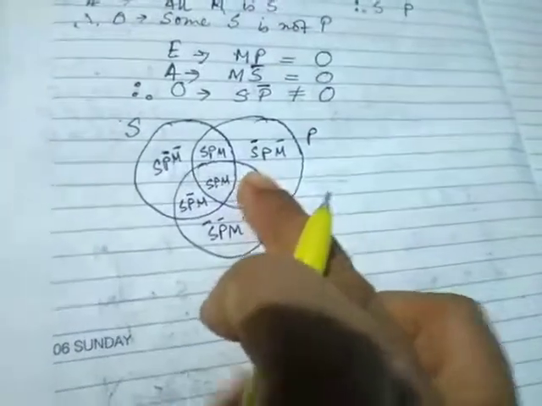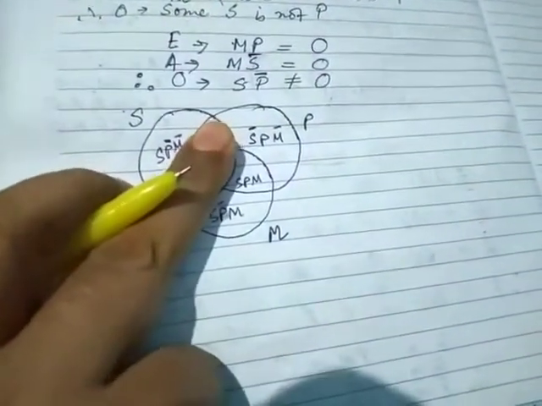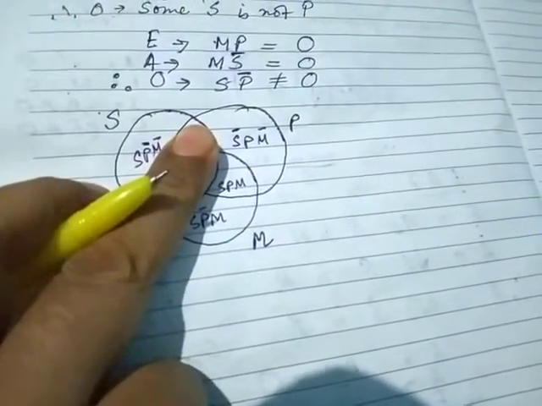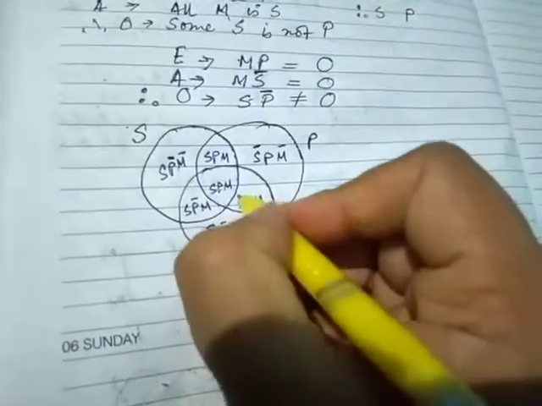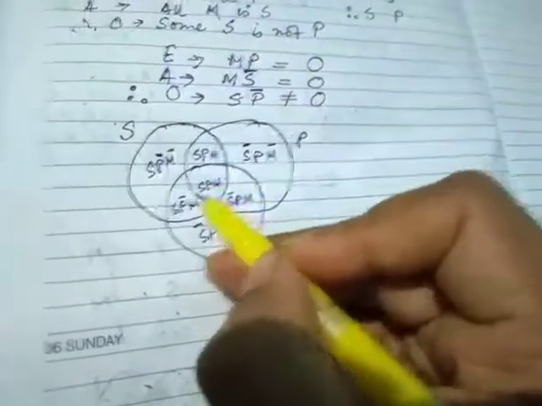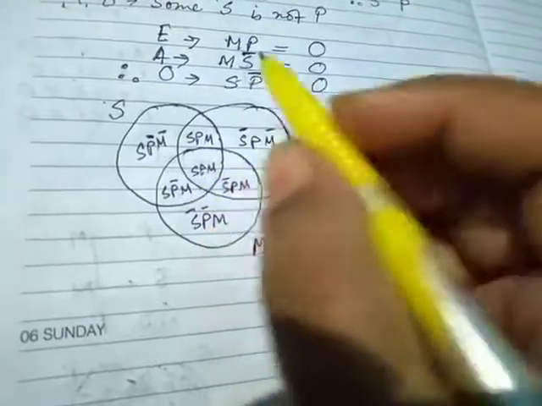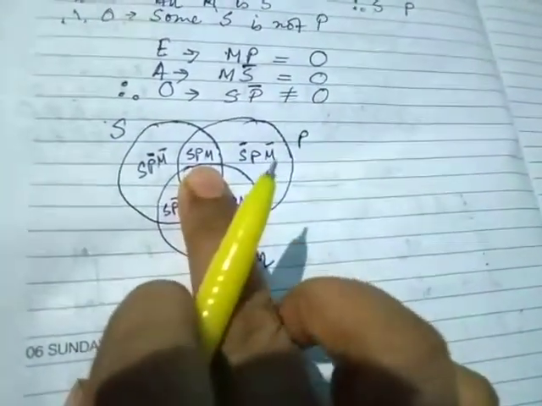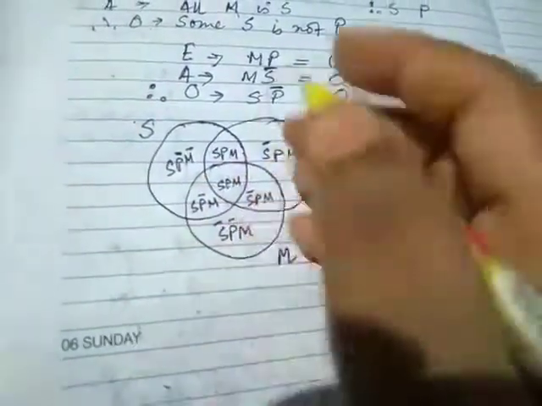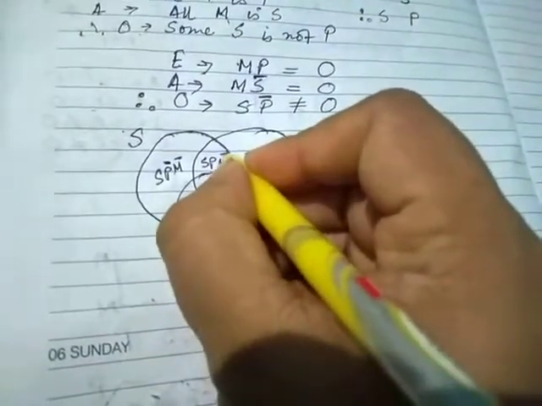In this section S is not there, P and M are there, so I will put bar on S. In this section all three are there, so I won't put any bar. And in this section you can see S and P are there, but M is not there, so I will put a bar on M.